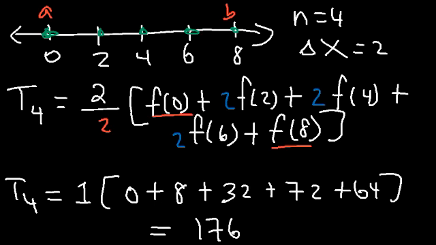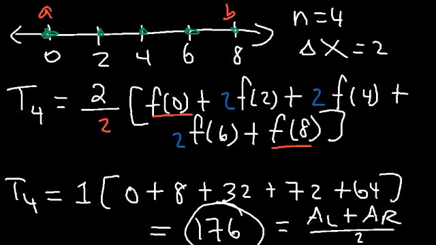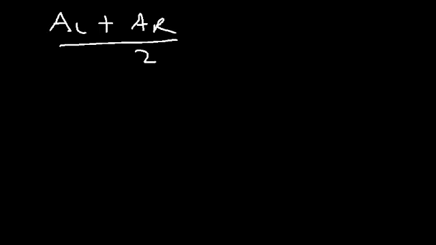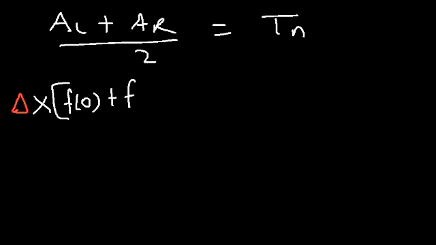Notice that we calculated this answer before. This is equal to the average of the left and the right Riemann sum. It turns out that the trapezoidal rule is equal to the average of the left and right Riemann sum. You can prove it too. So the left Riemann sum was equal to delta x, for this particular example, times f of 0 plus f of 2 plus f of 4 plus f of 6.